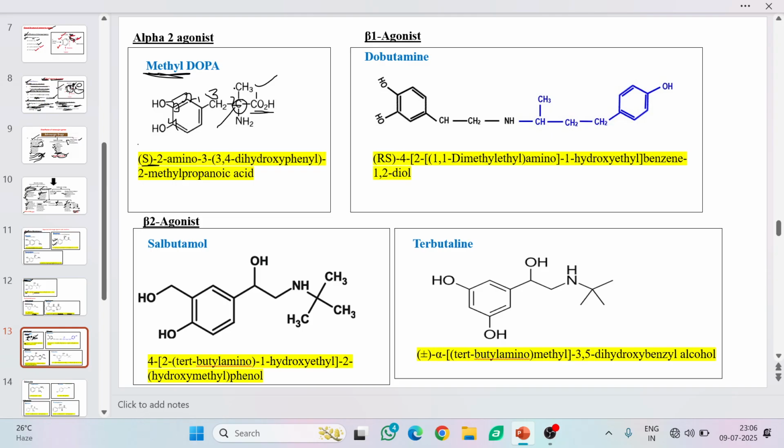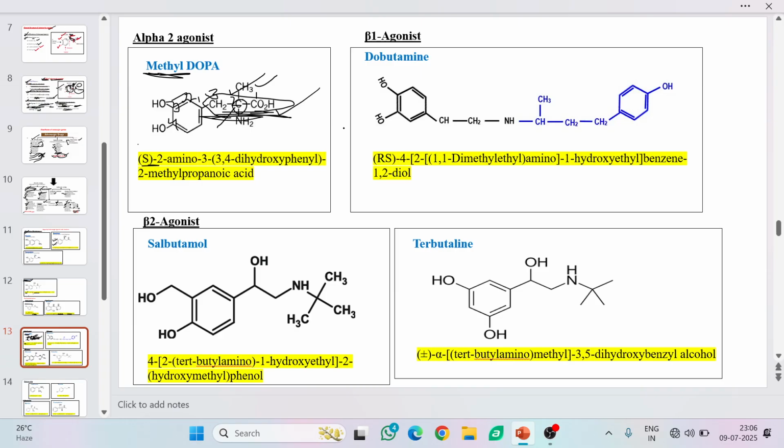Here 2, this is methyl. And this 3-carbon chain is called propanoic acid, because acid is present here. The name is very simple, but you need not remember the name.